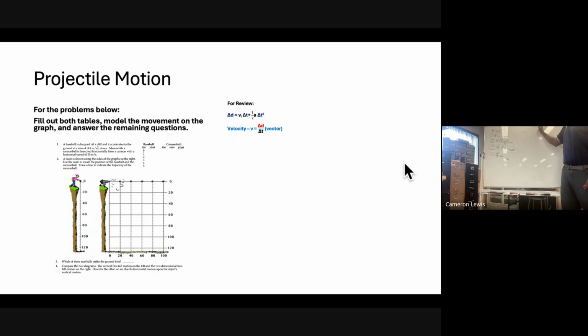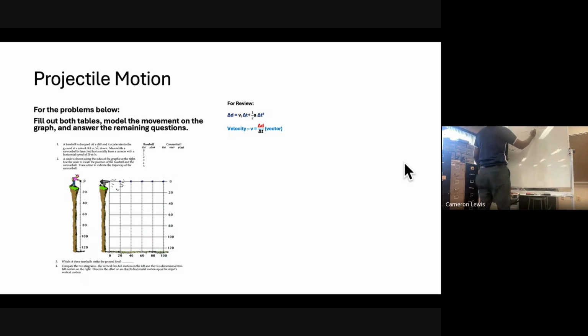Free fall. I have my marker and I drop it. That's free fall, right? If I start off with this equation, let me analyze as best as I can each individual component.